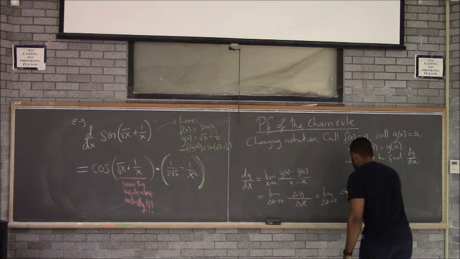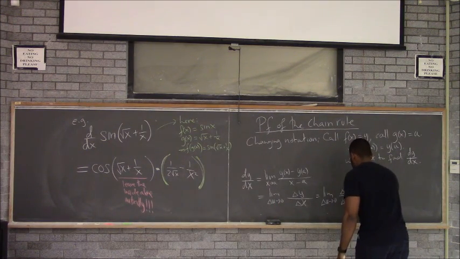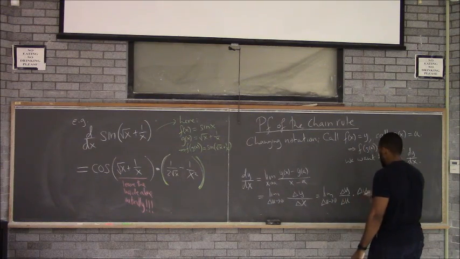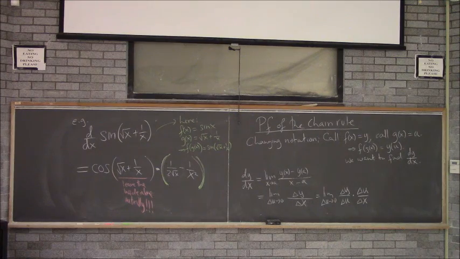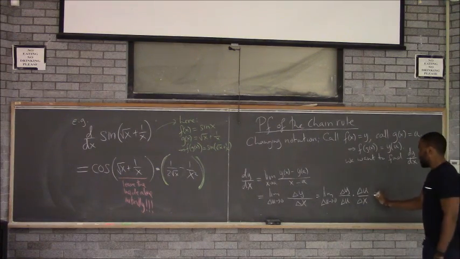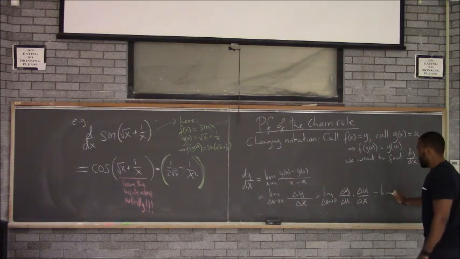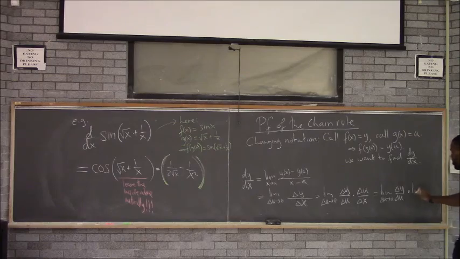But now, I'm going to multiply and divide by delta u, which is the change in u. That is going to give me the limit as delta u approaches 0 of delta y over delta u times the limit as delta u approaches 0 of delta u over delta x.